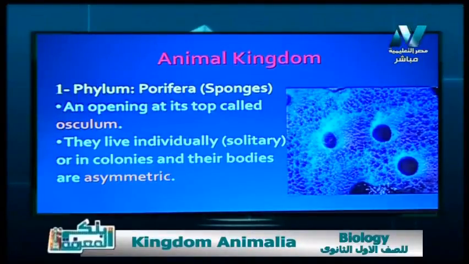So these openings are called osculum. They live individually, solitary, or in colonies, and the bodies are asymmetrical. Asymmetrical body means that when we divide the body into 2 vertical halves, we don't find the 2 halves are similar.